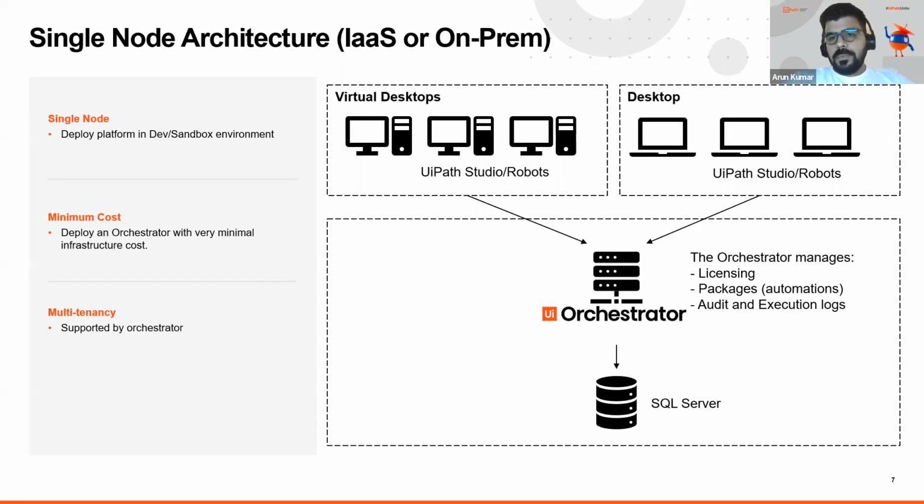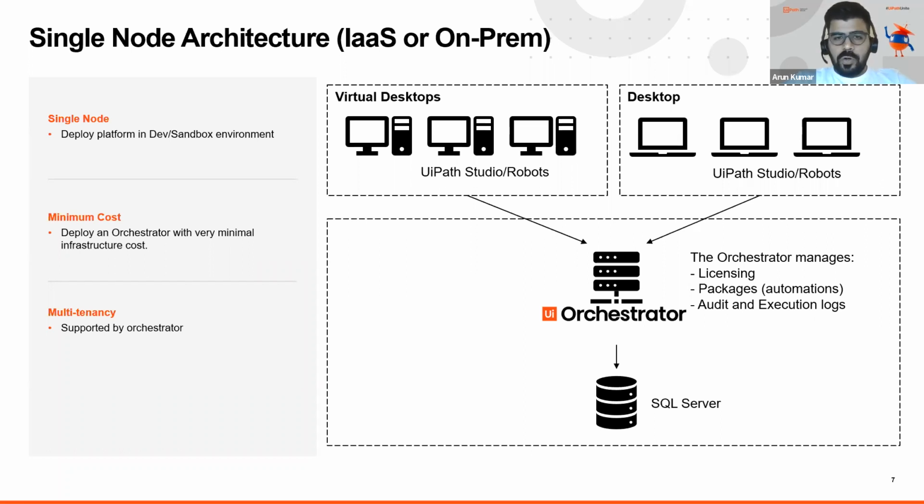The orchestrator helps in managing the licensing and packages, as well as the communication with the robots. You can deploy lots of packages there and trigger the jobs. So this happens via the orchestrator. All the calls are passed via the orchestrator, and you have your attended and unattended robots running, and the orchestrator is orchestrating that part. So this is the simple architecture. When we do the installation, we'll see how these different things come into the picture.